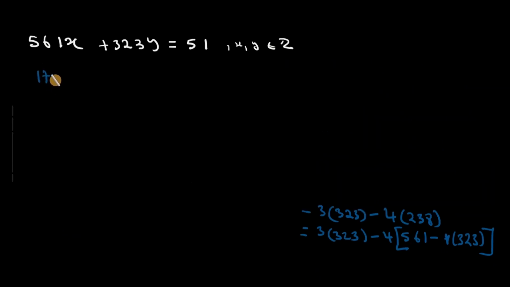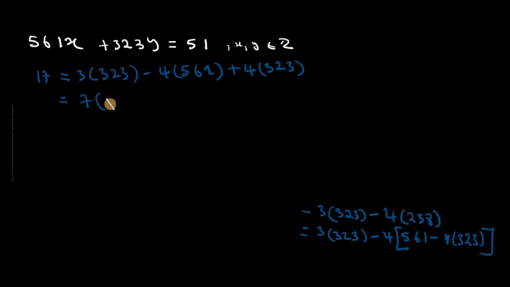That is 17 is equal to 3 into 323 minus 4 into 561 plus 4 into 323, since minus times minus is plus. 3 323 plus 4 323 is 7 323. So it is the same as 7 into 323 minus 4 into 561.